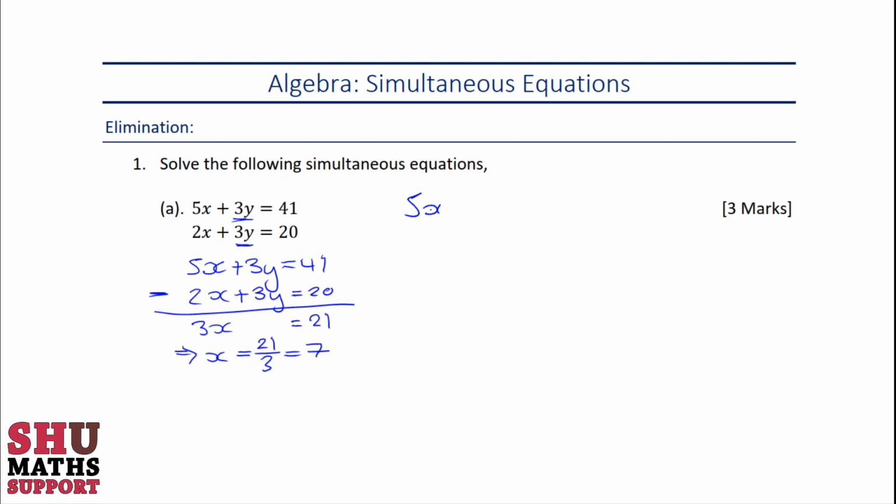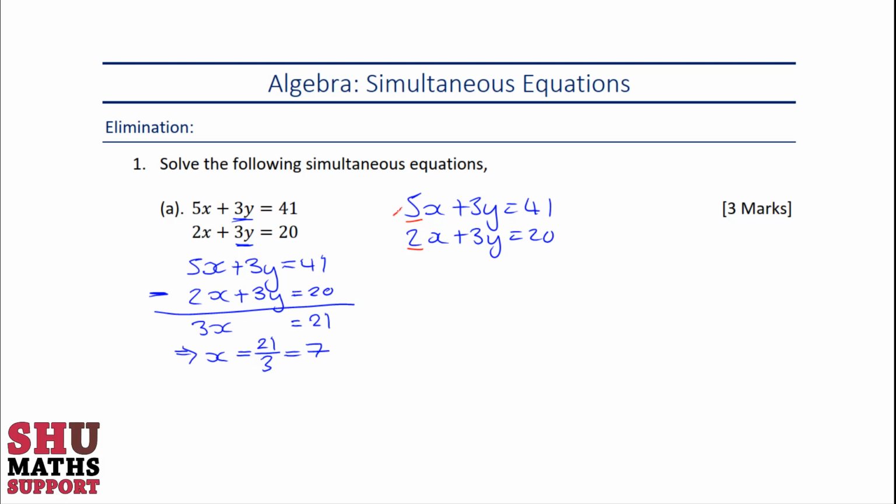If we have 5x plus 3y equal to 41, and 2x plus 3y equal to 20, then the lowest common multiple of 5 and 2, which are the two x coefficients, is 10. So if I were to multiply both equations by a factor to make the coefficient of the x variables equal 10, then I'd be able to eliminate x, which would give us the value for y.